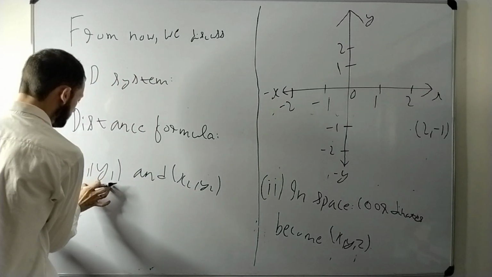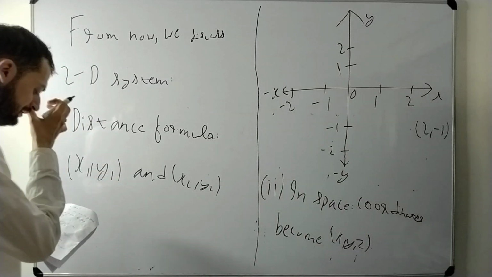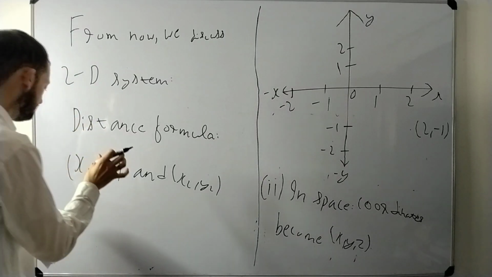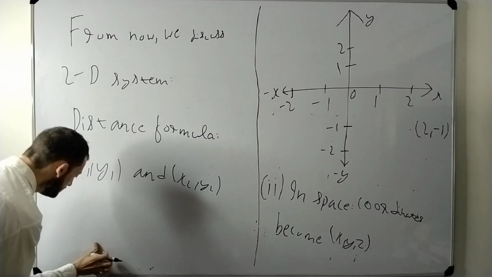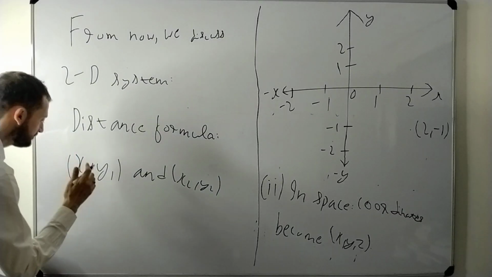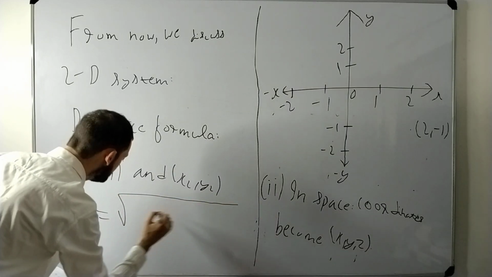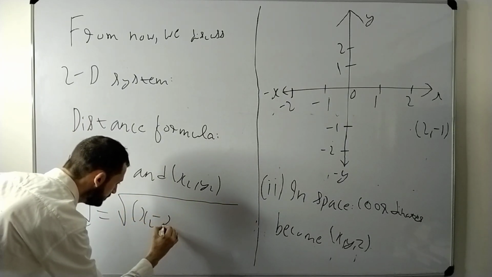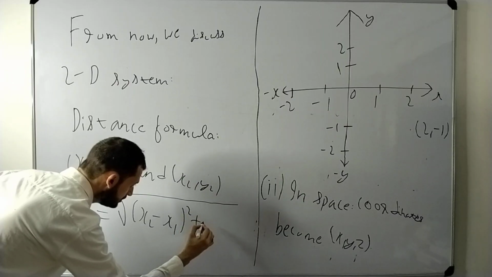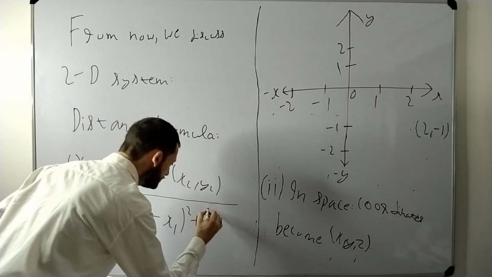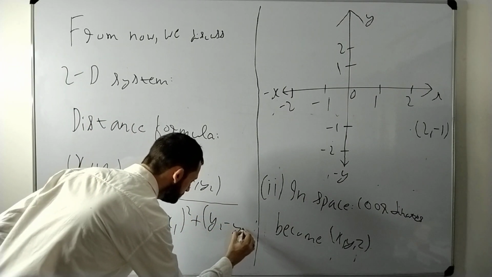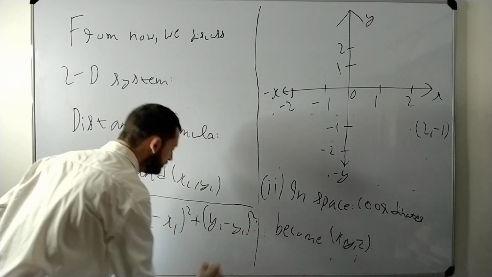This is the initial point I am taking in our reference system. Then the distance d equals the square root of (x2 minus x1) whole square plus (y2 minus y1) whole square.